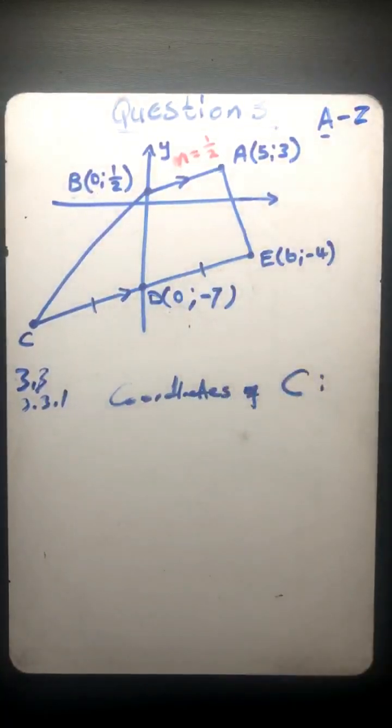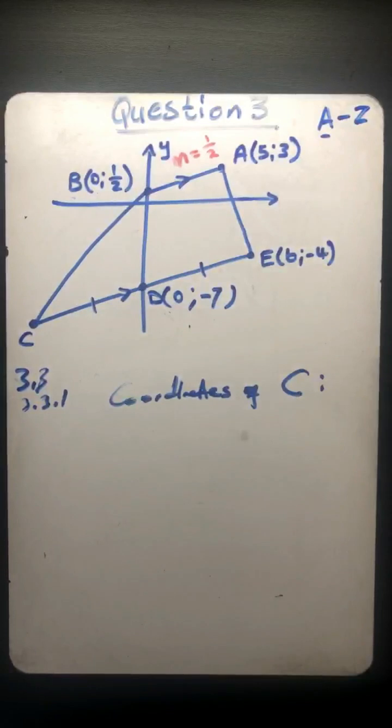Okay, let's see. 3.3.1. The coordinates of C. This is how the examiner tries to be smarter, where they indirectly want you to use that formula for the midpoint.